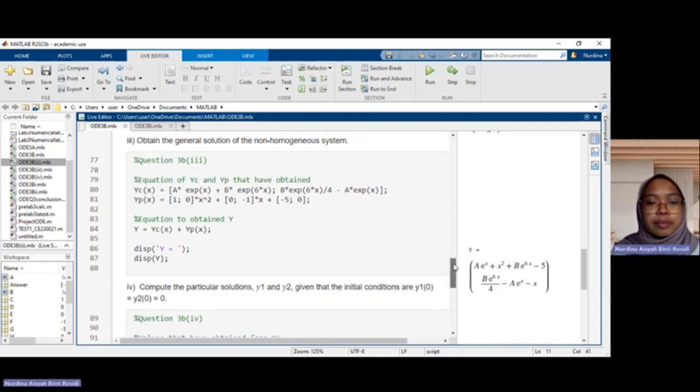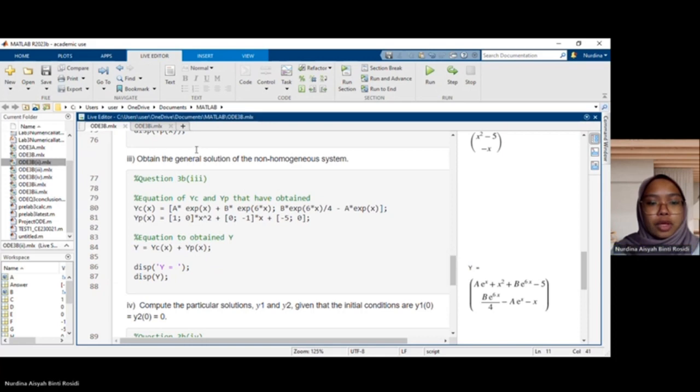Next, 3b3. Obtain the general solution of the non-homogeneous system. Based on questions 1 and 2, we have obtained yc and yp. So for part 3, I rewrite yc(x) and yp(x).